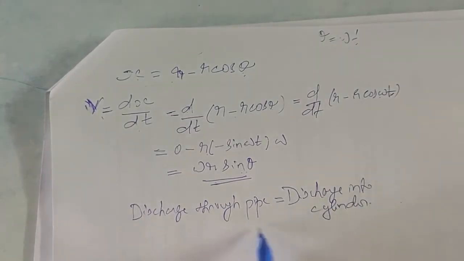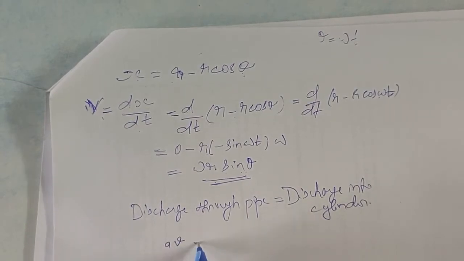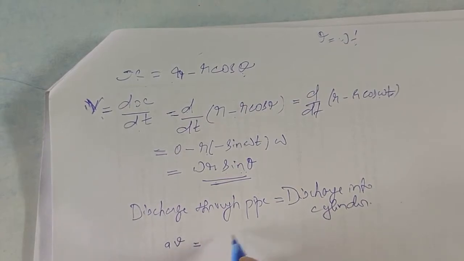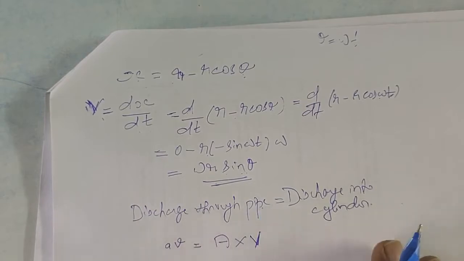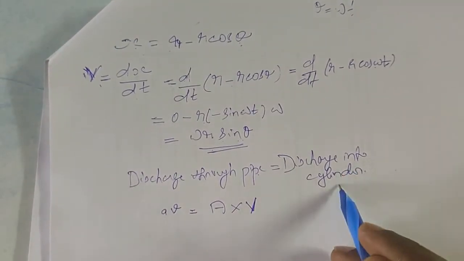Discharge through pipe means area of cross section of the pipe into velocity in the pipe is equal to area of the cylinder into velocity of the piston. So discharge through pipe is equal to discharge into the cylinder.